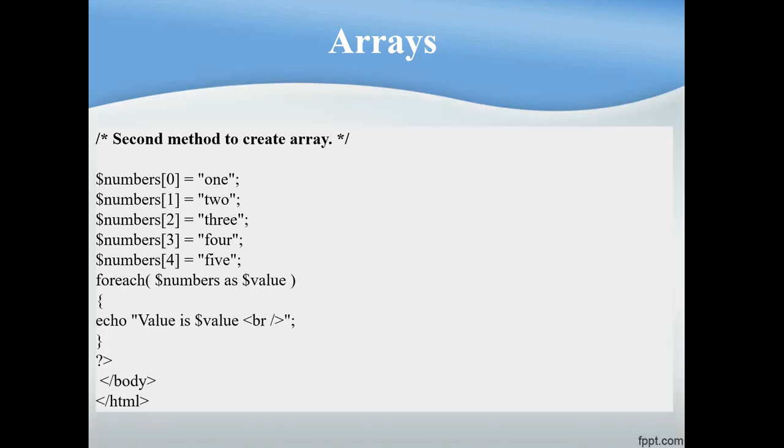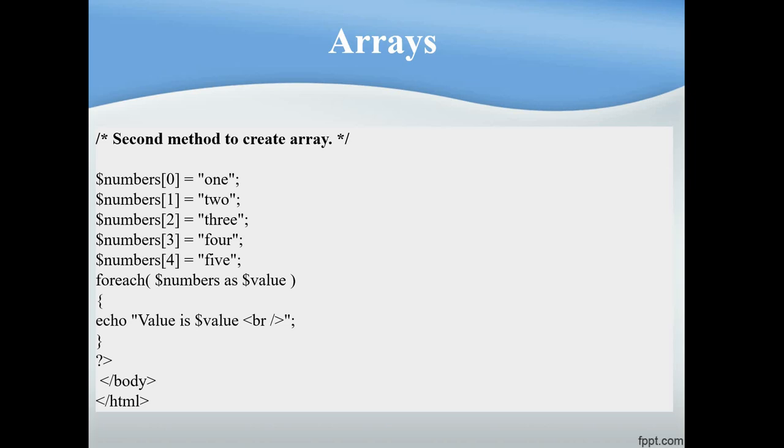In the second method, we can also initialize the array values like this. By explicitly mentioning the array memory space, $numbers[0] equal to 1, $numbers[1] equal to 2, $numbers[2] equal to 3.